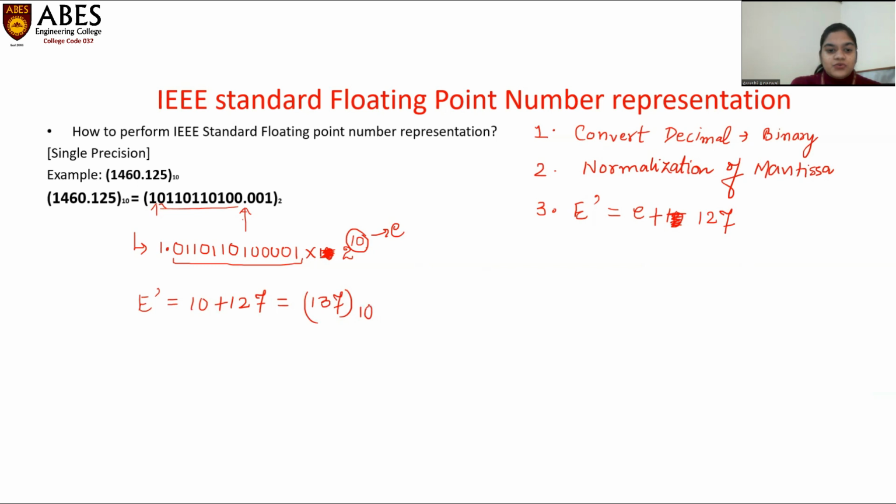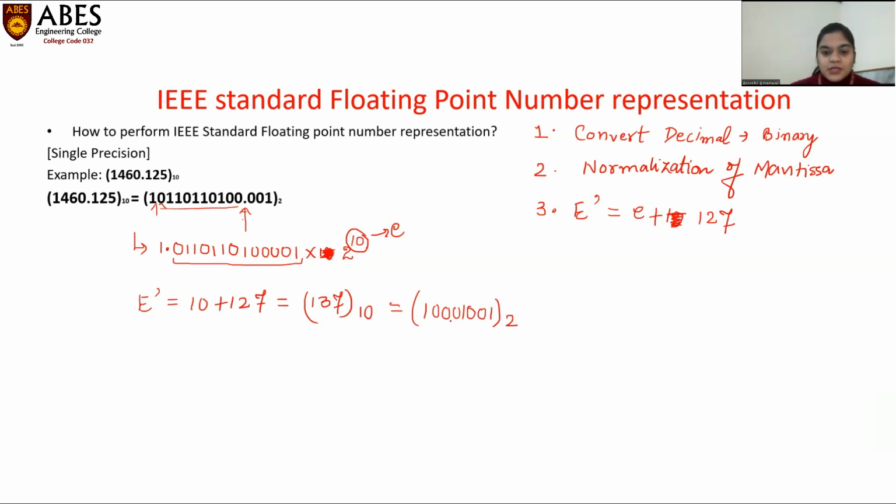Now what I will do is first convert this 137 to its equivalent binary number. You know how to calculate the binary value for any decimal value. When you convert this 137, you will have the value 10001001 as its equivalent binary number.